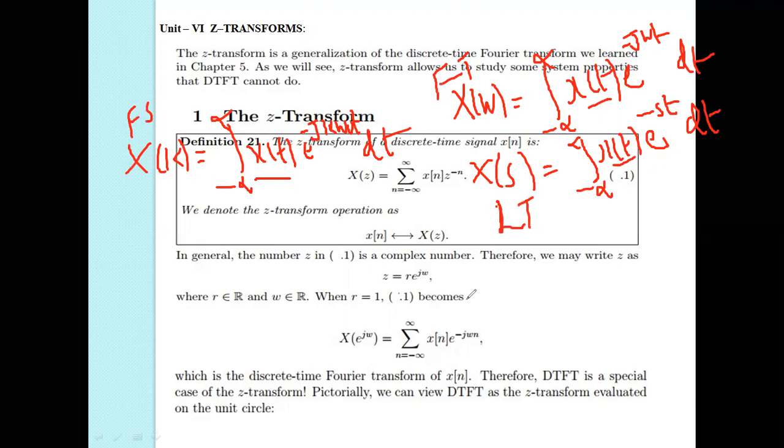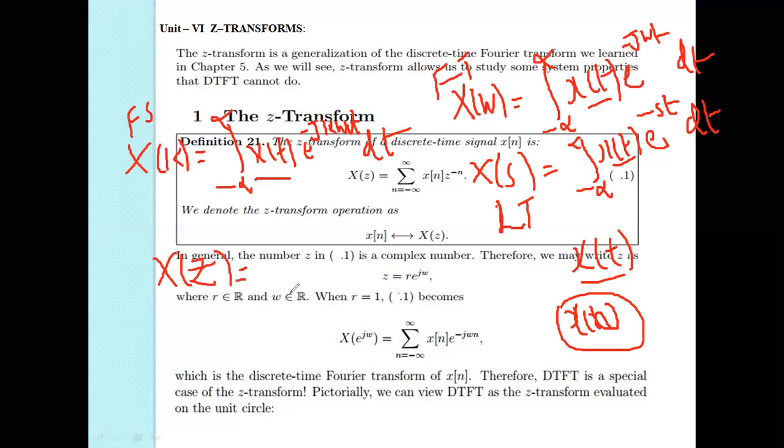But coming to the Z transformation, we are not taking the continuous time signal x of t. Here, the signal is the discrete time signal x of n. The Z transformation definition says that X of z is equal to the sum, not the integral, because those are continuous time signals and the Z transformation is for discrete time signals.